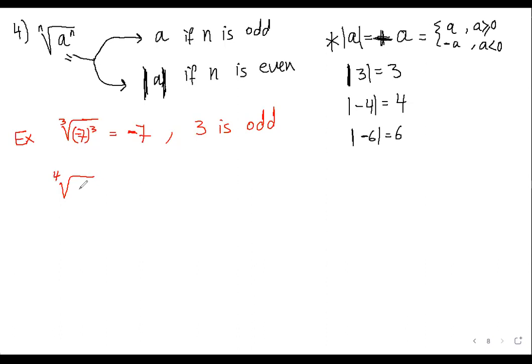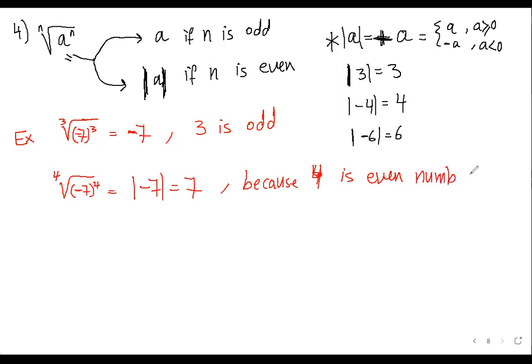The fourth root of minus 7 to the 4. Because the 4 is even, the answer is the absolute value of minus 7, which is 7, because the power 4 is even. Even number, odd number. Does that make sense? Any questions so far?